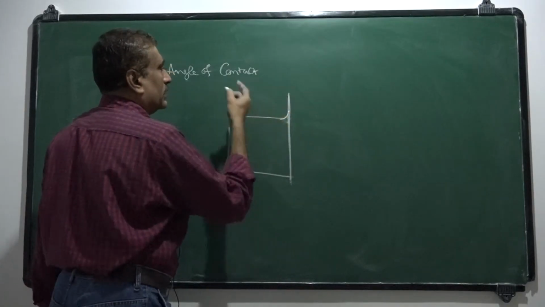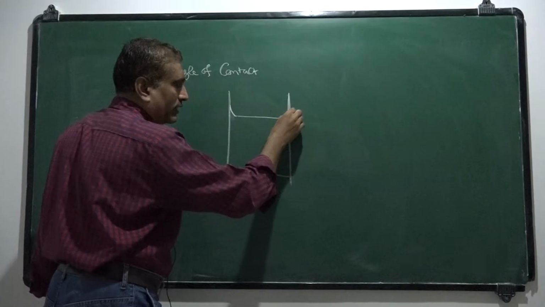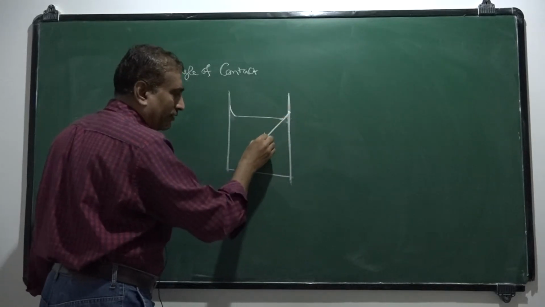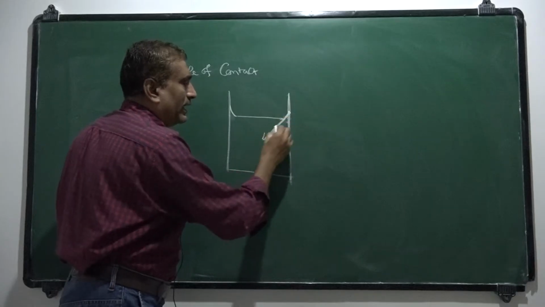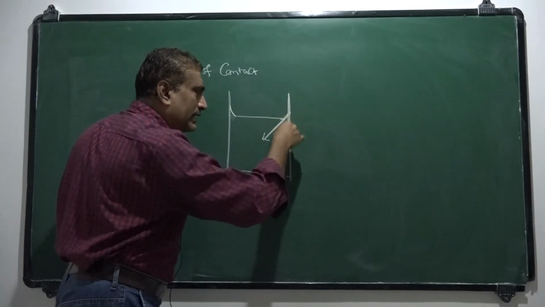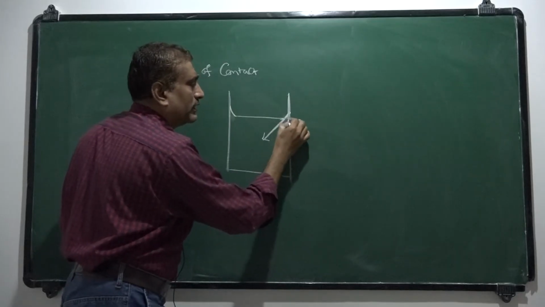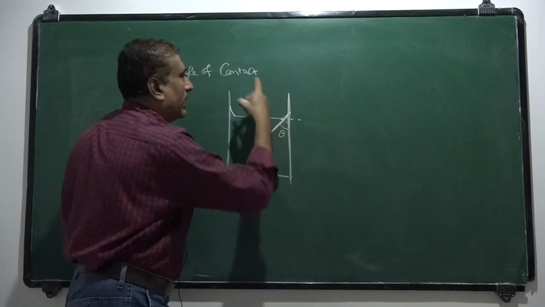So for the angle of contact, if we draw a tangent to this curved surface inside the liquid like this, then the angle between this tangent and the solid surface inside the liquid is called the angle of contact.